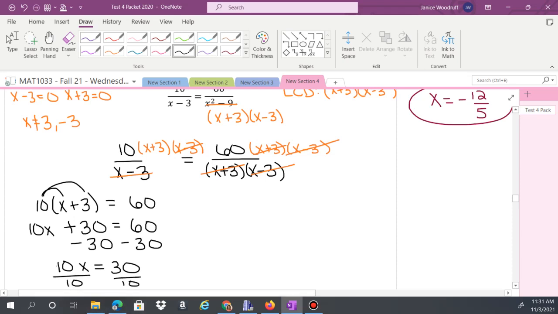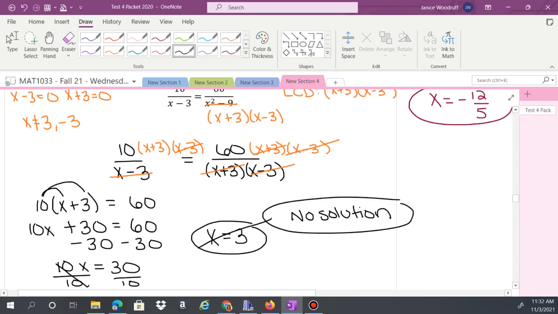I'm going to get x equals 3. But what was the restriction? Nothing's going to work there, so that is no solution. Okay, so it is possible to get an answer and then have that be extraneous and then have to say it's no solution.